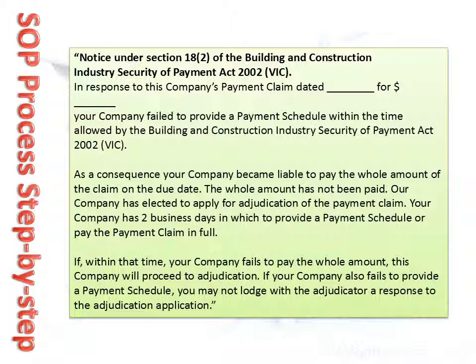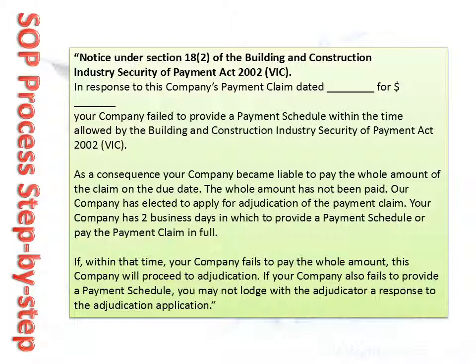If the contractor wants to go to adjudication, then they must serve a notice of intention to go to adjudication, as now showing on the screen. This must be served on the client before the contractor may lodge an application for adjudication.